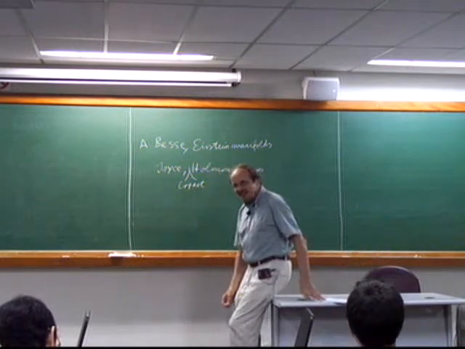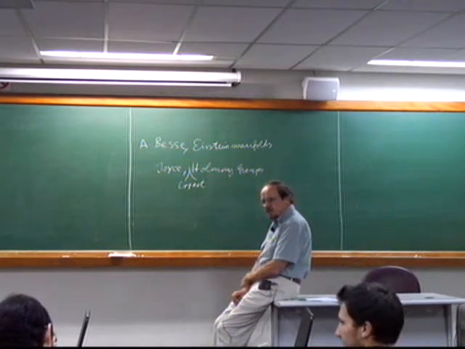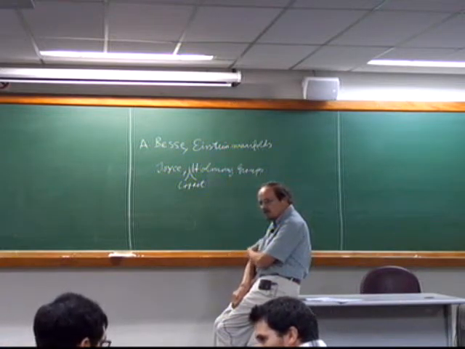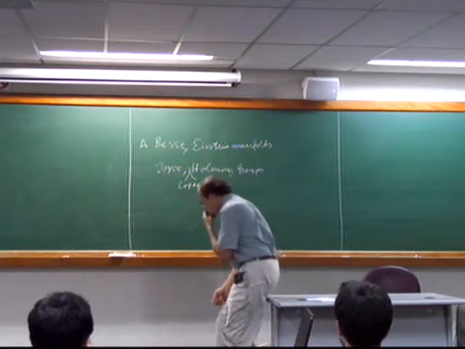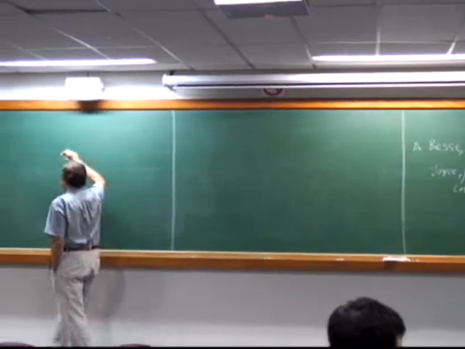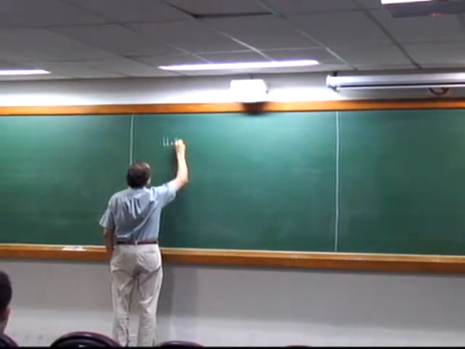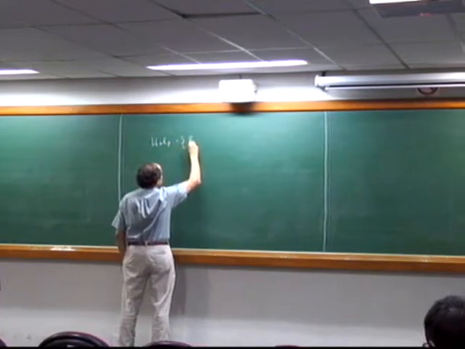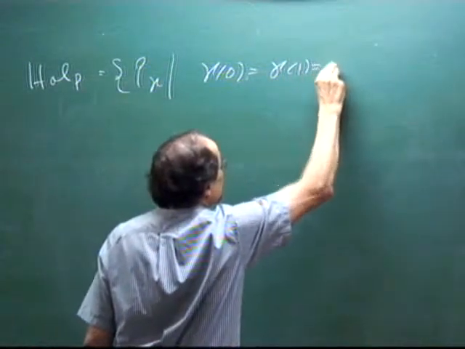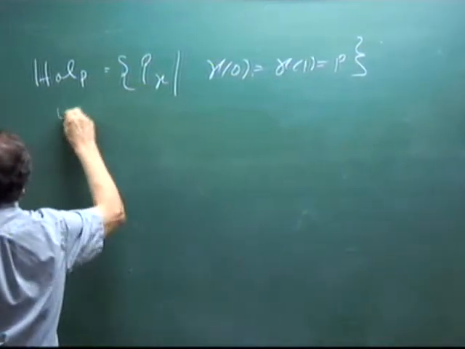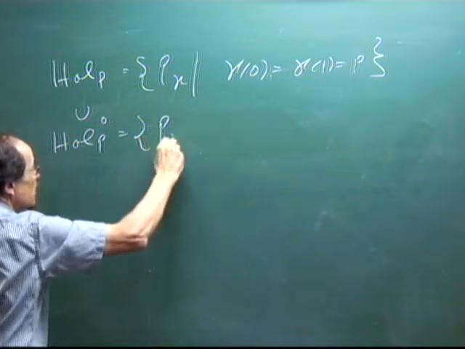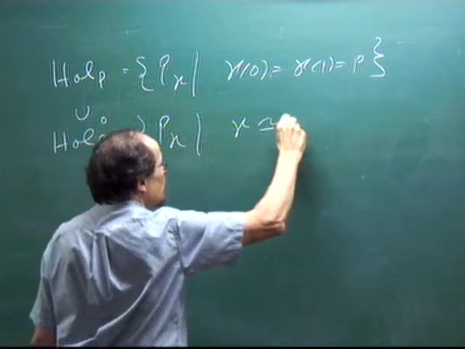I can explain the principle again if you want to, this holonomy principle that you mentioned. I could discuss it a little bit right now. So first, let me remind you that we had the holonomy group, just a set of all parallel transports, where gamma was a closed path beginning and ending at P. Inside here we had the identity component, which I could also describe as parallel translation along paths where gamma was null homotopic.